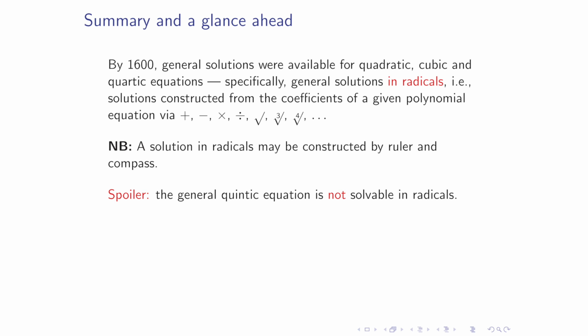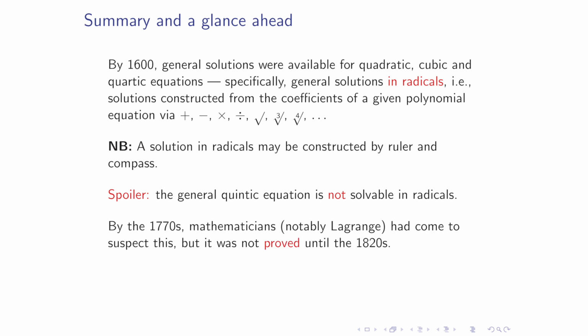But people, of course, are continuing to try to find a solution in radicals, and unfortunately they're not really getting anywhere. And so by the 1770s, certain people, and most particularly Lagrange, who we'll come to in a moment, are beginning to suspect that the reason people are not getting anywhere is because it can't be done.